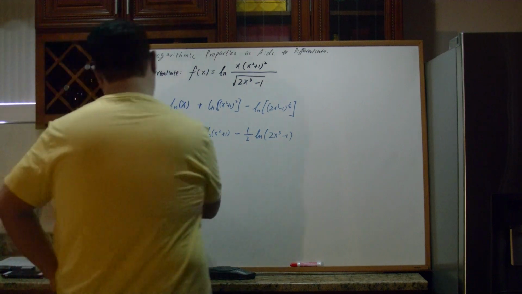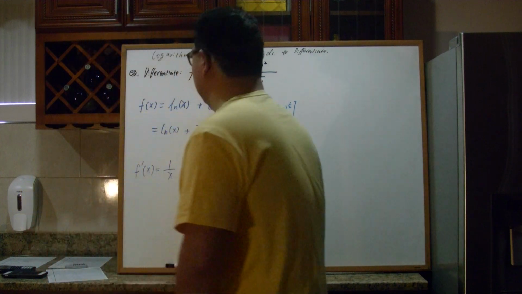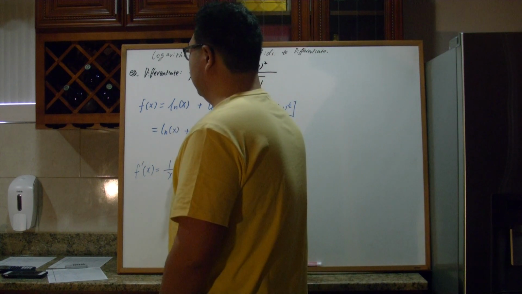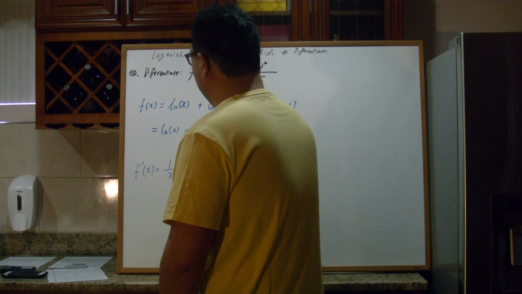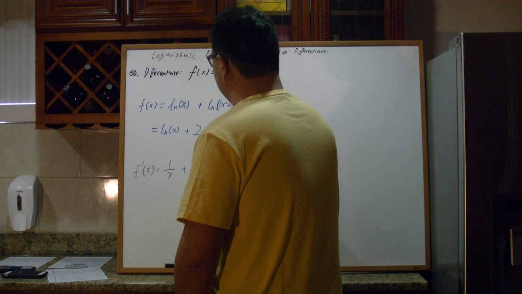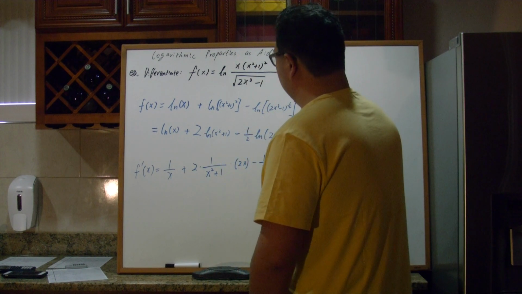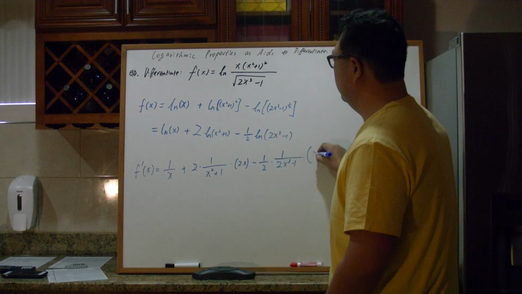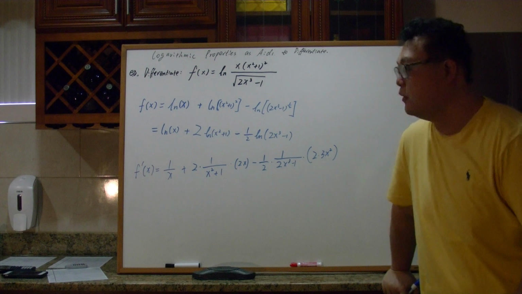Then to find the derivative, f prime of x will be 1 over x. I could try to do this a little faster. 1 over x times the derivative of x is simply not needed to show, since that is 1. Twice 1 over x squared plus 1, multiplied by the derivative inside, which is 2x. Then 1/2 of 1 over 2x cubed minus 1, multiplied by the derivative inside, which is 2 times 3x squared. I could show that in one step.